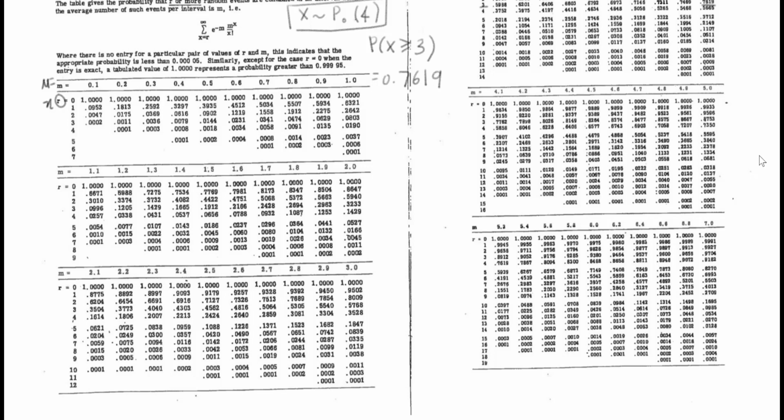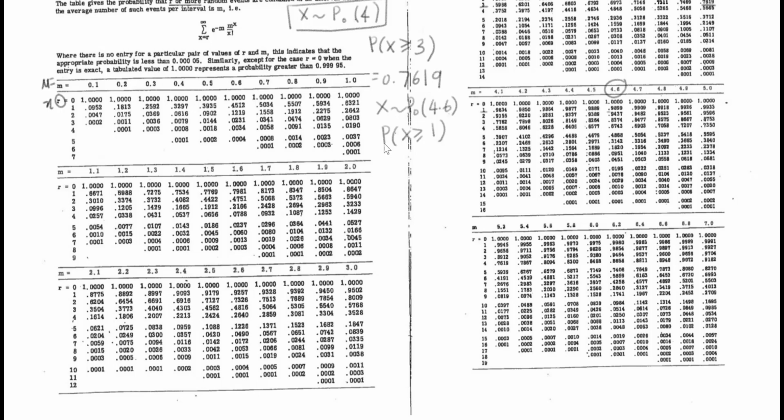Okay, so this is a Poisson distribution table. We want to look for probability x greater or equal to 1, so we can get the answers from the table. It's from the Poisson with mu 4.6. So 4.6 is here, and your x equal to 1 is here.